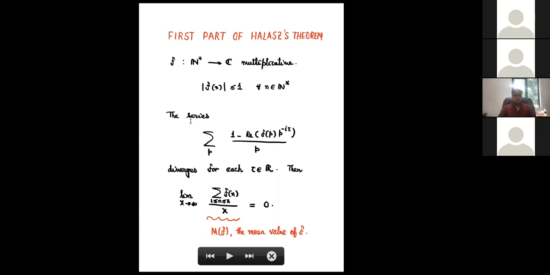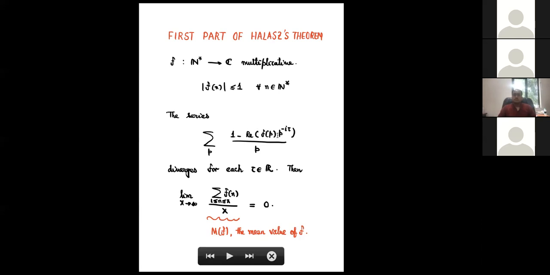Therefore, if it has to diverge, because the sum of 1 by p diverges, that can happen only if the 1 minus real part is sufficiently big. And that can happen only if f(p) times p to the minus i tau is not close to 1, so the cosine here is not 1 and the angle is not 0, so that you don't have too many ones.